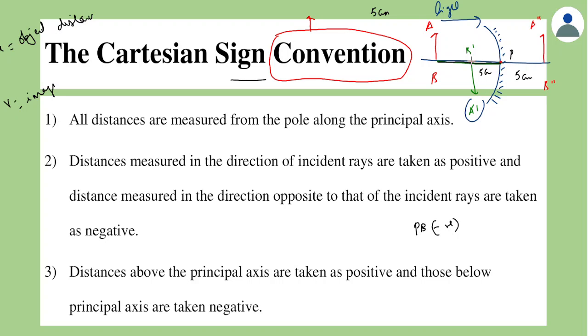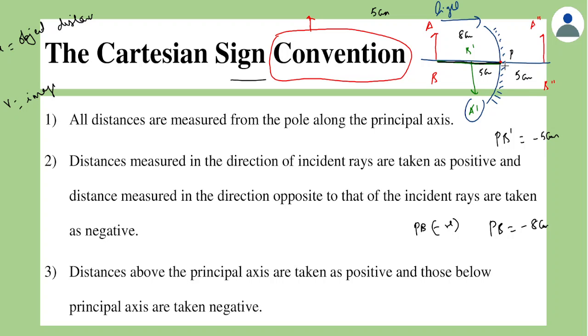Imagine that this distance is say 8 centimeter, and you can say in this case PB is equal to minus 8 centimeter. The same way, if we look at PB dash, even here we are starting from point P and going towards B dash in a direction opposite to the direction of light. Even here this would be negative. So this PB dash would be minus 5 centimeter.